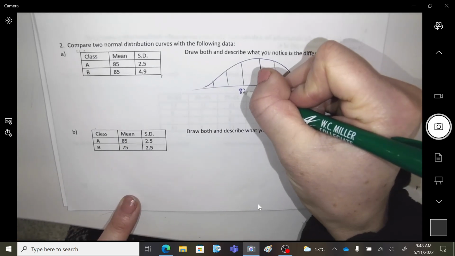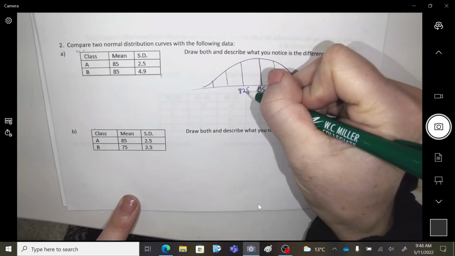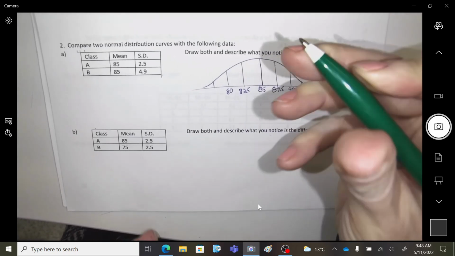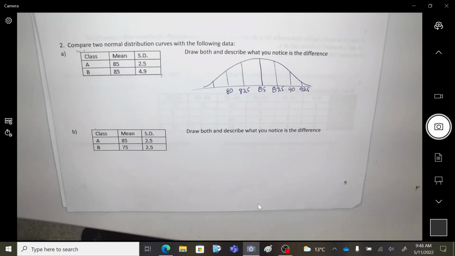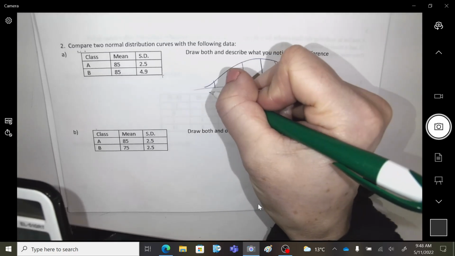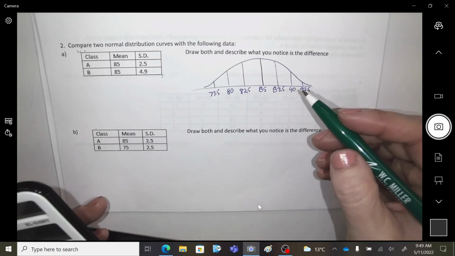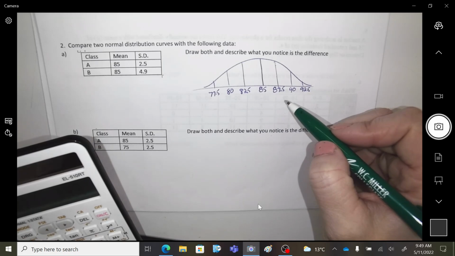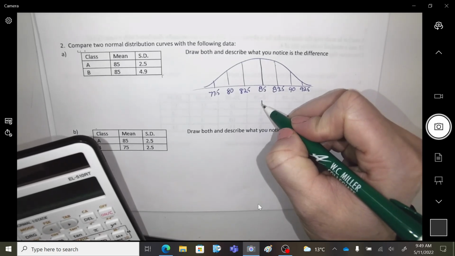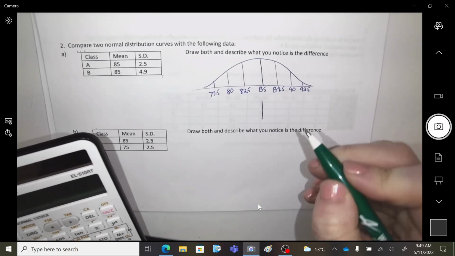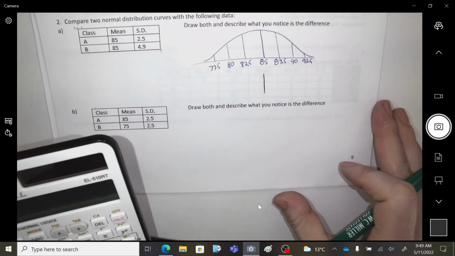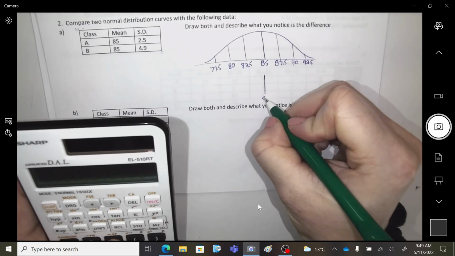Subtracting should be 82.5, and 77.5. Okay, I'm not going to draw the curve yet. I'm going to just put these numbers down.